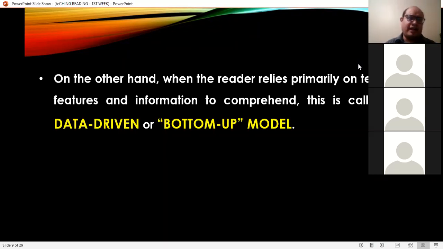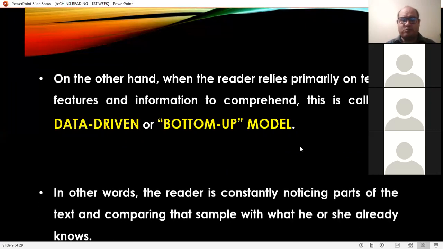And on the bottom-up, you use the textual features on the text, the information, to comprehend, to have a comprehension. This is what you told me, right? To comprehend what the text says. And this is called bottom-up. Remember, bottom-up, okay? So we have these two models.